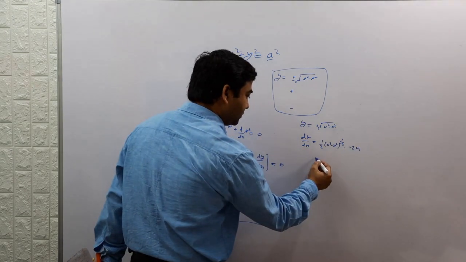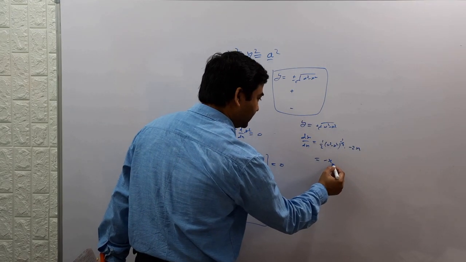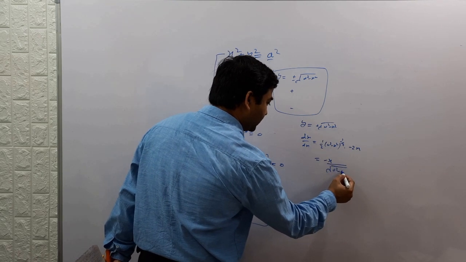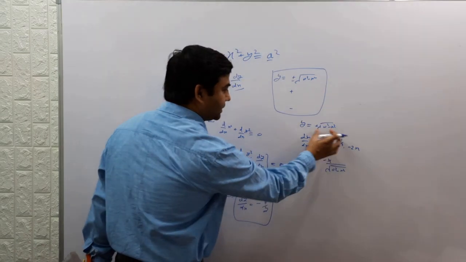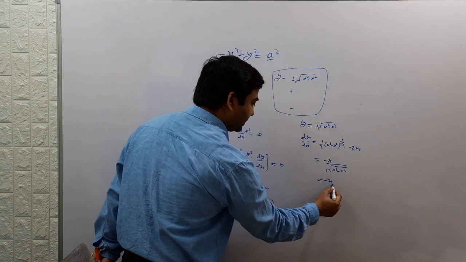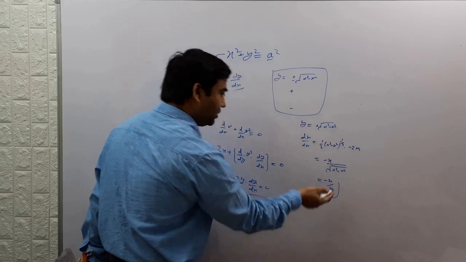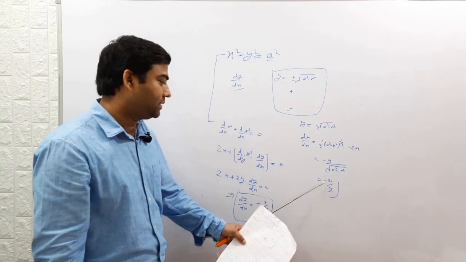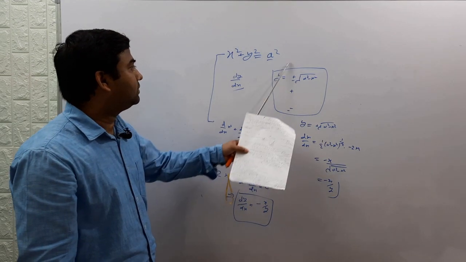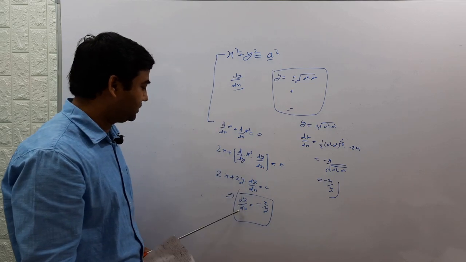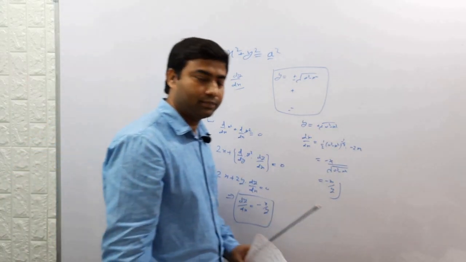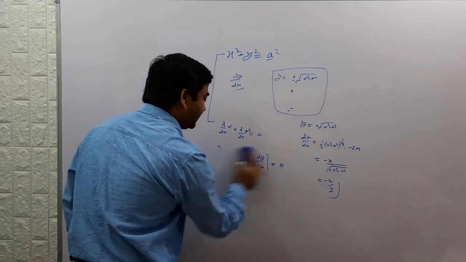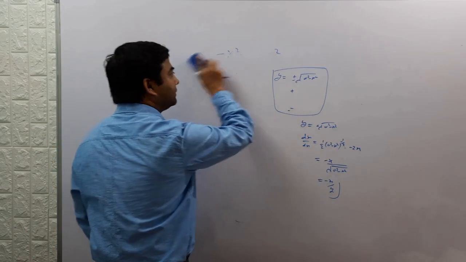By differentiating it, you can write it like this: minus x divided by under root a square minus x square. And under root a square minus x square is y. That is minus x by y. So here also, similarly with the negative sign, you will get the same expression. So in case of an implicit function, this technique is simple, which you can use to find the derivative instead of making it an explicit function and then finding the derivative.